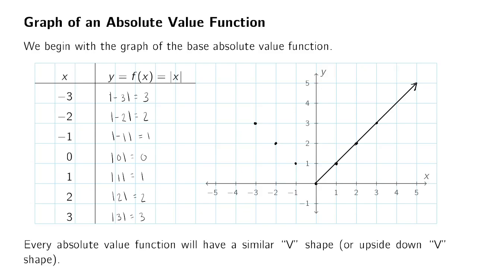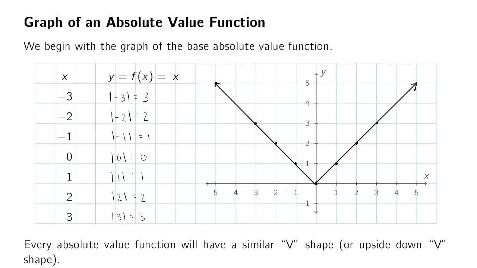As x gets bigger, its distance from 0 gets bigger at a constant rate. In the negative x direction, I think we're going to have the same line as y equals the opposite of x. So as x becomes a big negative number, the absolute value gets bigger at a constant rate.